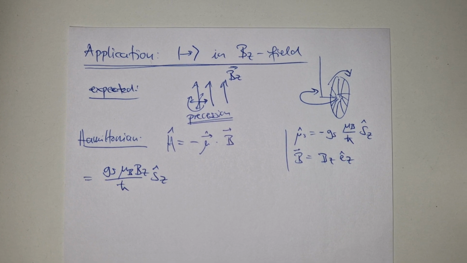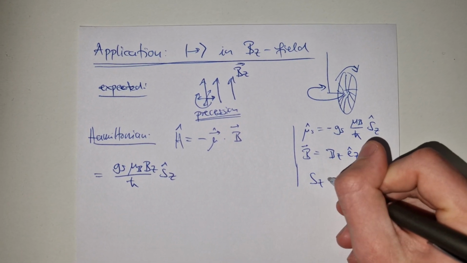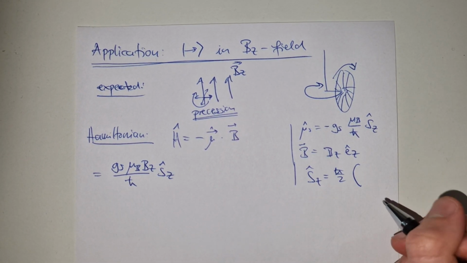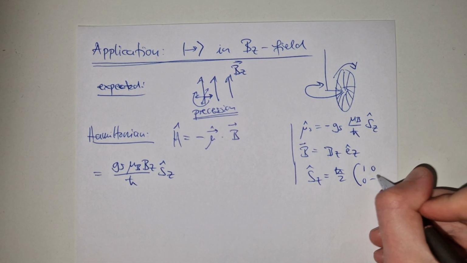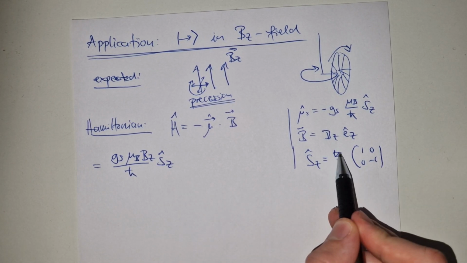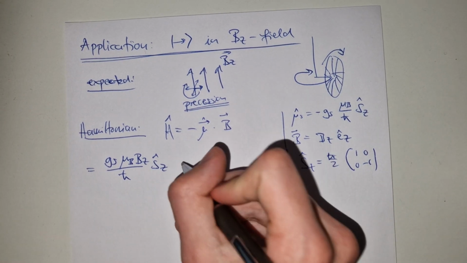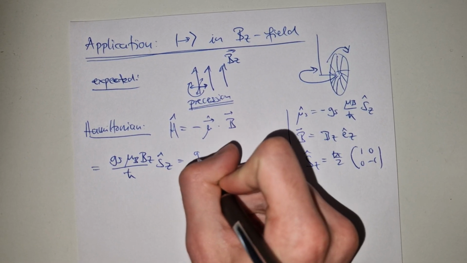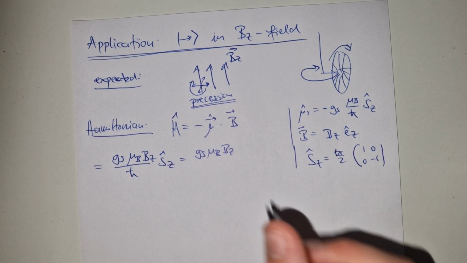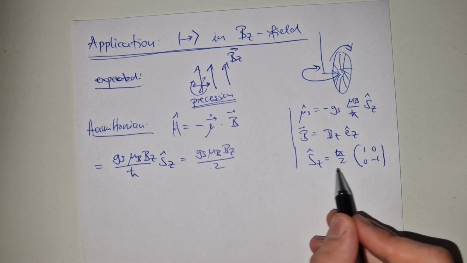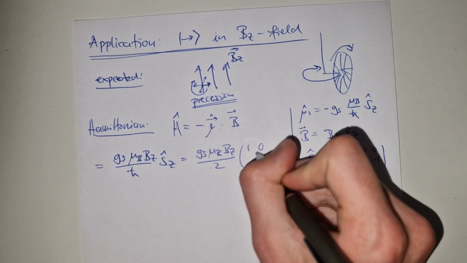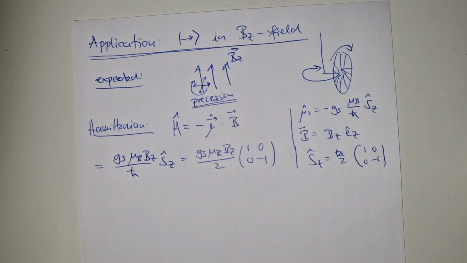Now what we know is that the spin z operator is nothing but h bar over 2 times this Pauli matrix, which was 1, 0, 0, minus 1, right? So this h bar cancels out with this one, and we are left with G factor, Bohr magneton, magnetic field flux density divided by 2, this is the 2 from over there, times the Pauli Z matrix, so 1, 0, 0, minus 1.